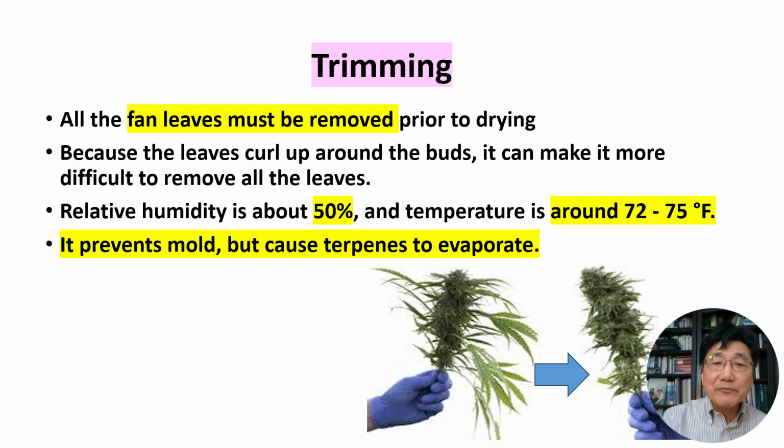It is a common practice with specific advantages, primarily the prevention of mold in humid conditions. The decision to wet trim or wait until after drying, which is called dry trimming, depends heavily on your drying environment, available space, and desired final product quality.